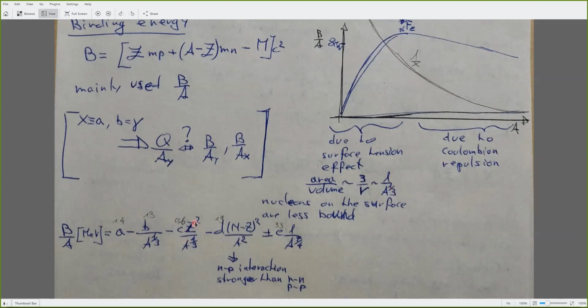Here, as I said, it's not that they are decreasing with the number of nuclei, but actually increasing.